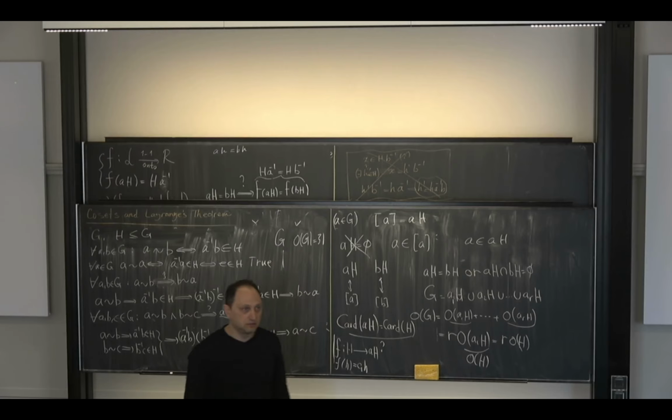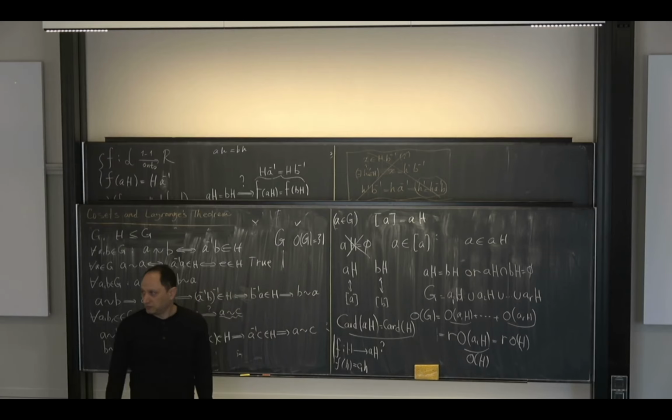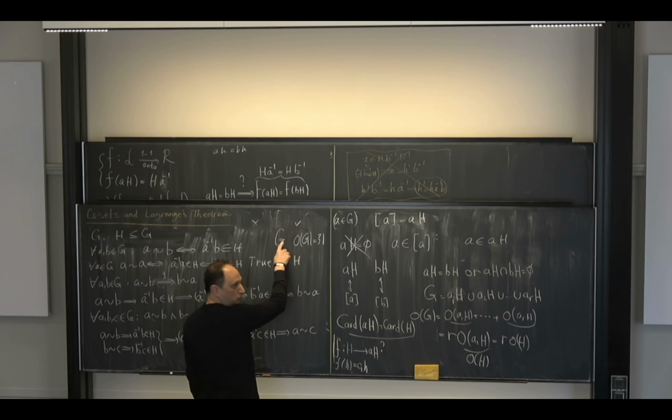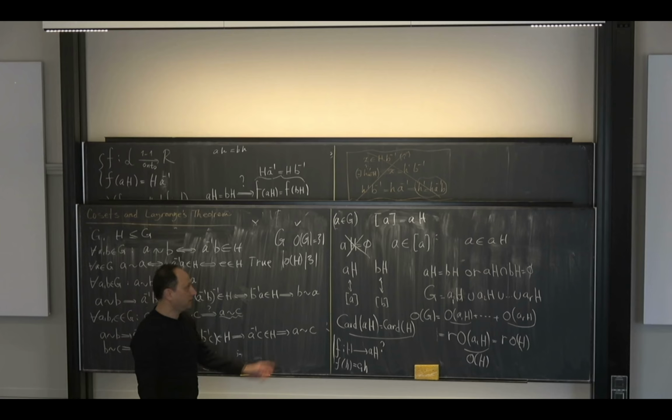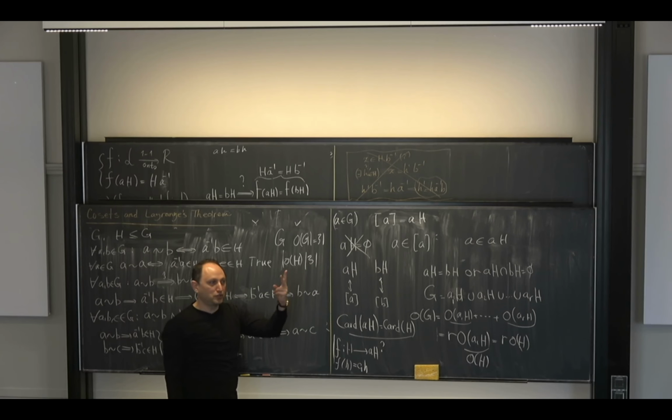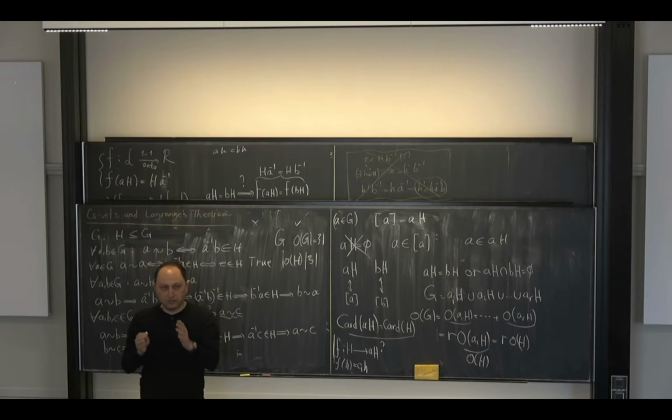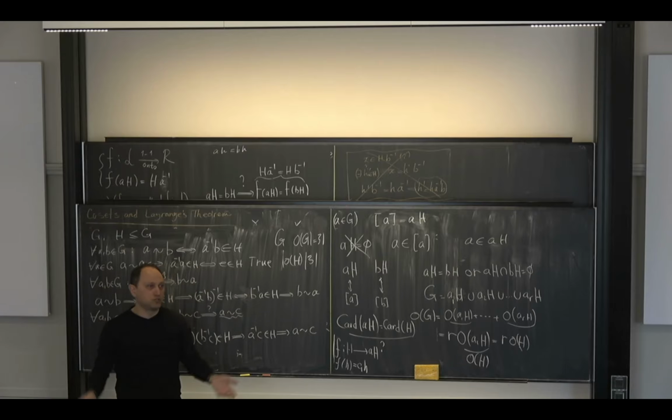Only the identity and itself. Yes, because if H is a subgroup, according to Lagrange's theorem, the order of the subgroup should divide 31. But 31 is prime, so there are only two options, 1 and 31. 1 is the subgroup containing only the identity, and 31 is the whole set.